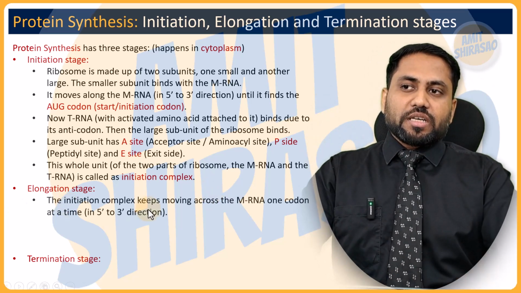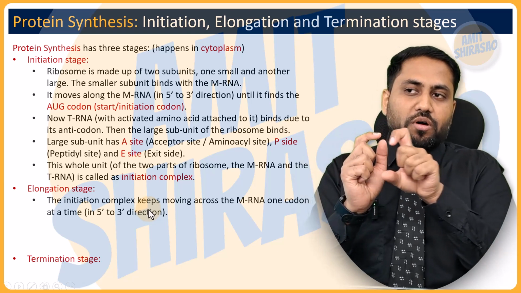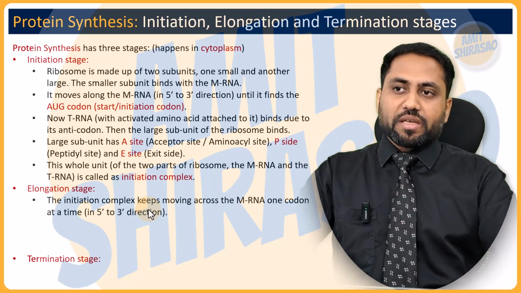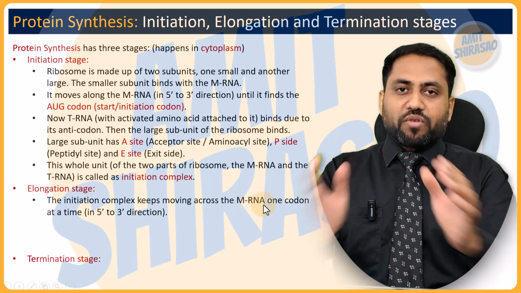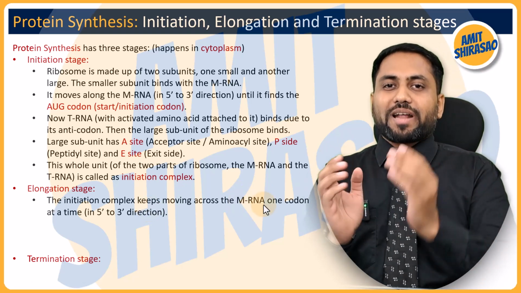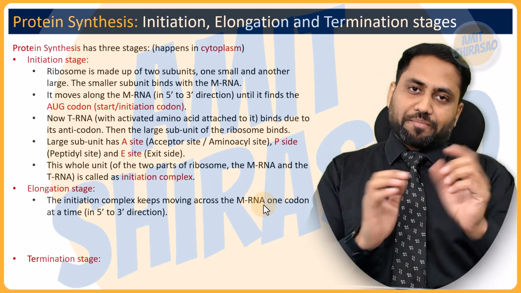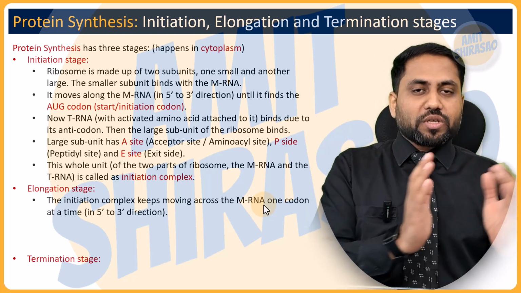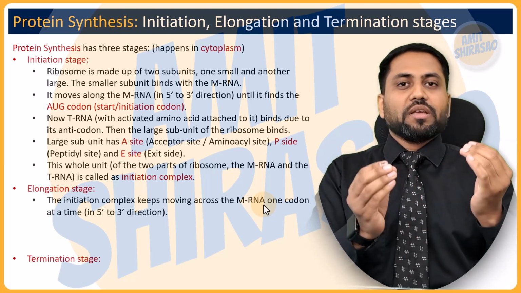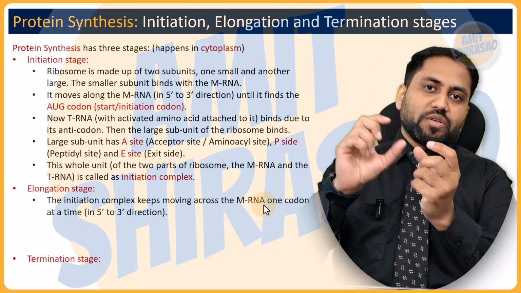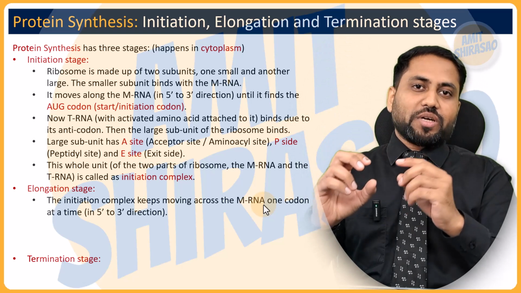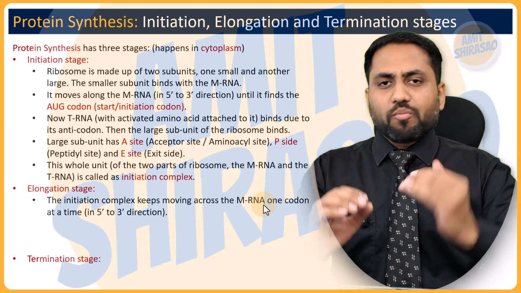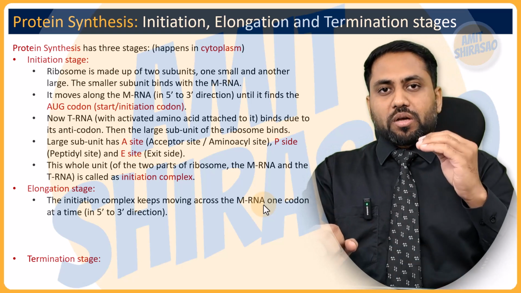Elongation stage: the initiation complex keeps moving from 5 prime to 3 prime across the mRNA, one codon at a time. This is what is called translocation. Due to this, whenever you read a new codon, a new amino acid gets joined to the existing chain of amino acids using a peptide bond, and this polypeptide, this protein, is getting generated.